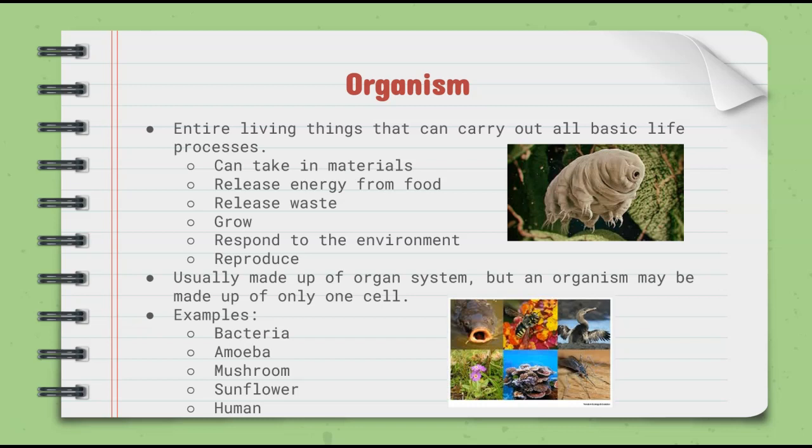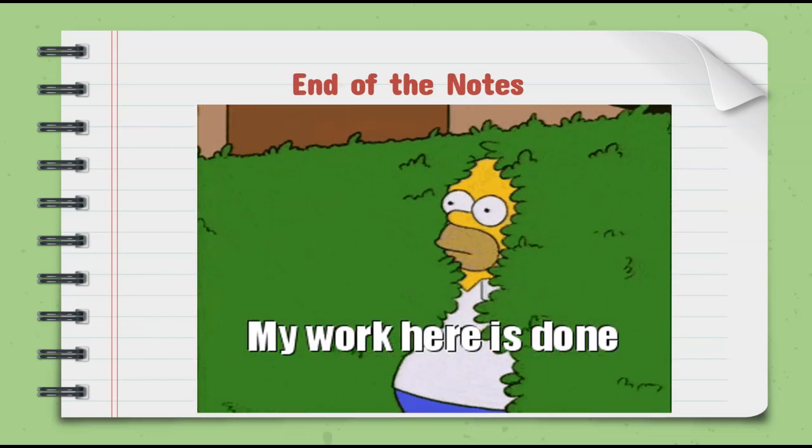But then you have mushrooms, sunflowers, humans. Those would be all examples of multicellular organisms that actually have organ systems. So, quick refresher there. Organ systems are in multicellular organisms, whereas an organism can also be classified as a single cell, like bacteria and amoeba. That is it for the notes.